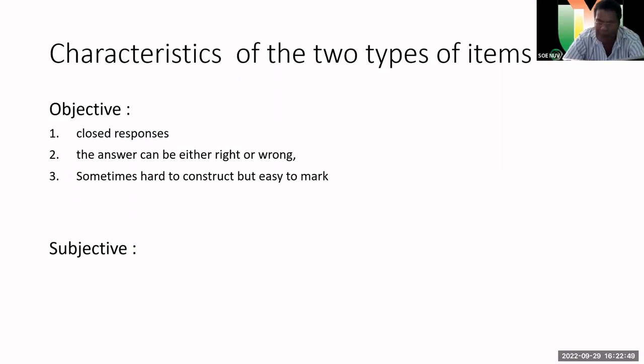For example, multiple choice is hard to construct, but anybody can mark that item. You can take it home and give it to your wife or child, your son in year 12, to mark it, because they have a confined or closed answer.